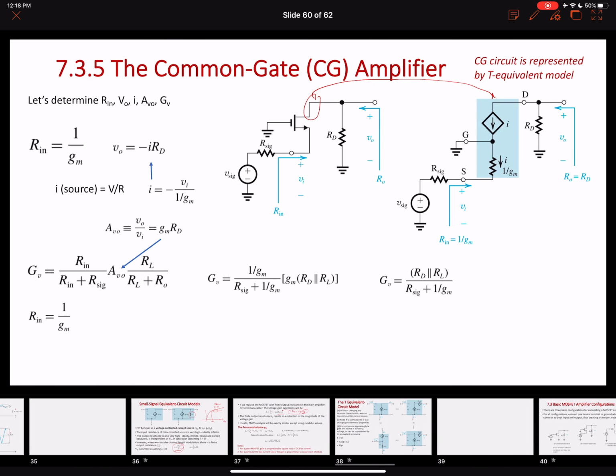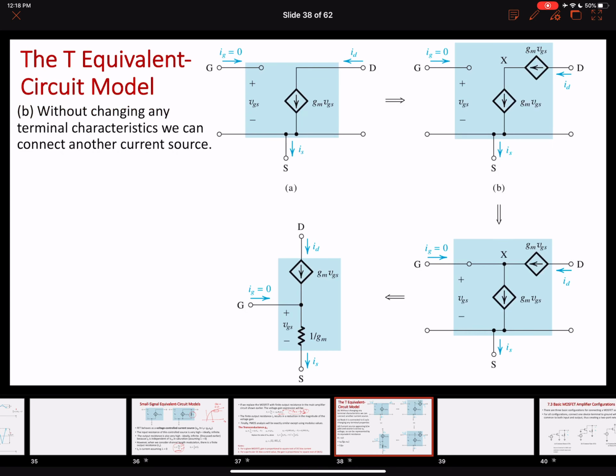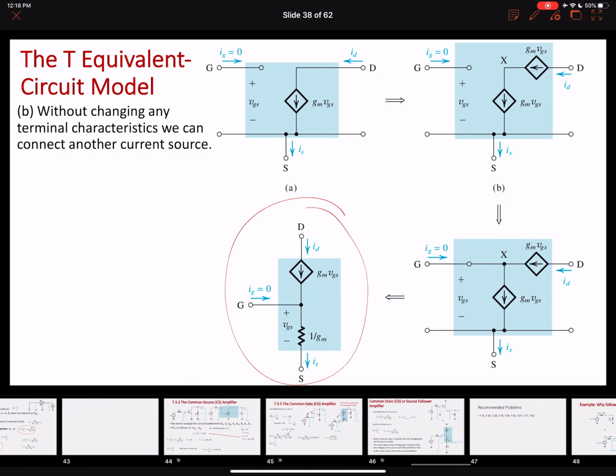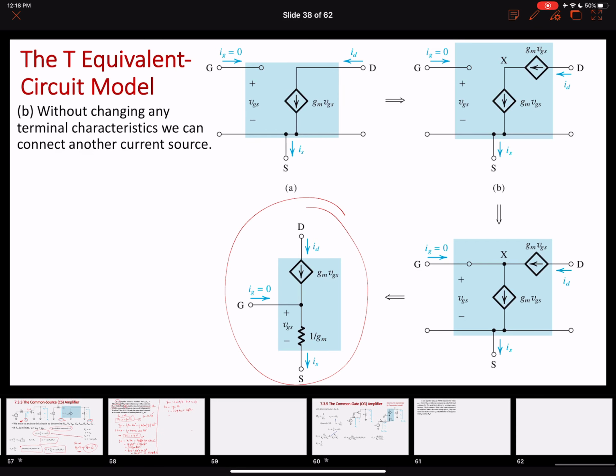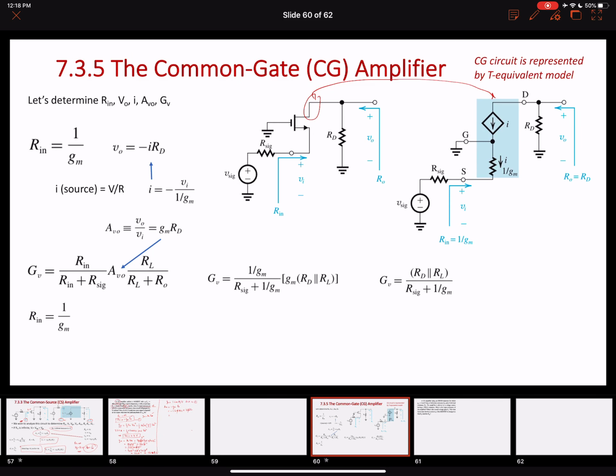So over here we ended up using this circuit model for the common gate configuration. For the common gate configuration, we know that our input resistance equals 1 over GM. Our output resistance is still equal to RD. Here is our overall voltage gain, and our open loop voltage gain is over here.